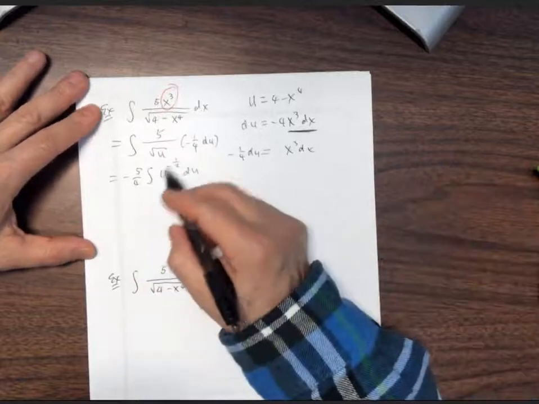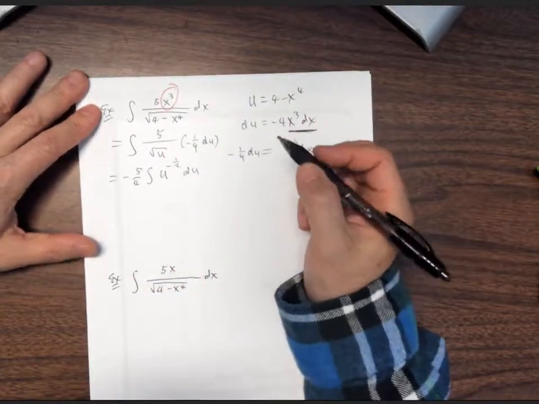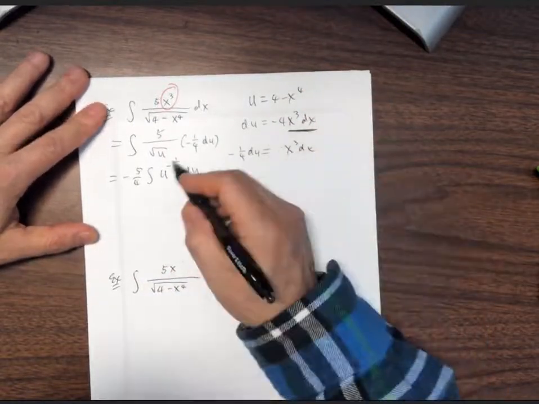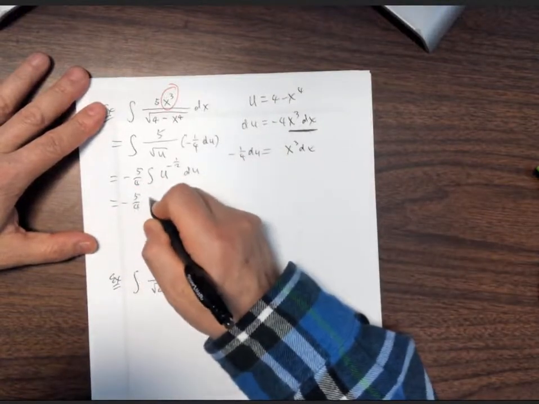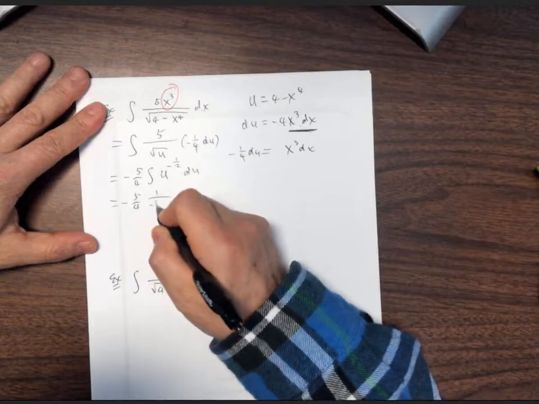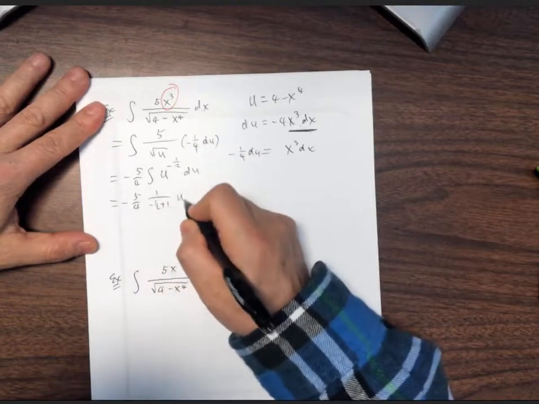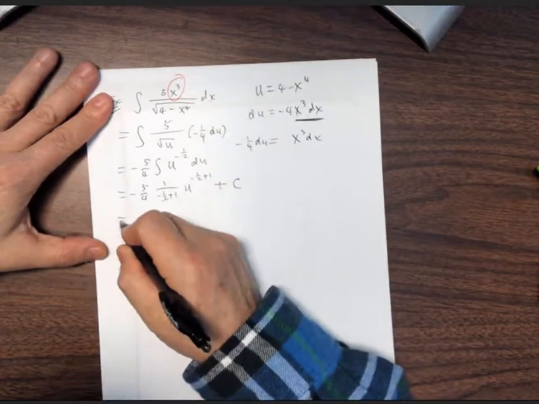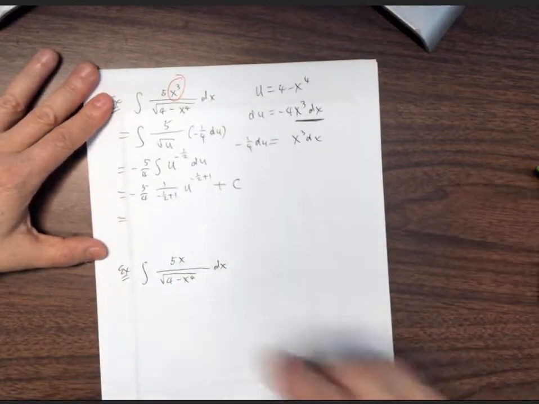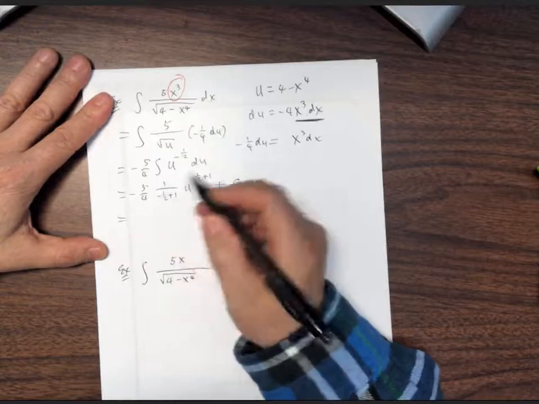So this is just another, again, simple power to integrate with the formula 1 over n plus 1 u raised to n plus 1 plus c, and then simplify the coefficient.